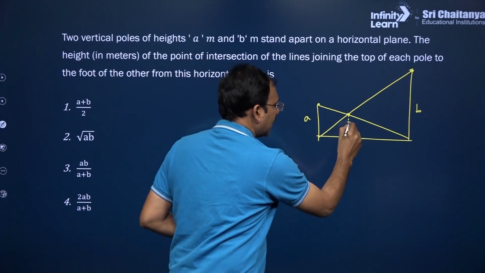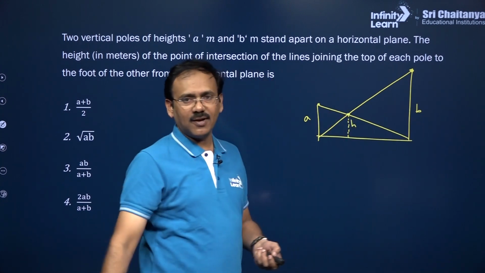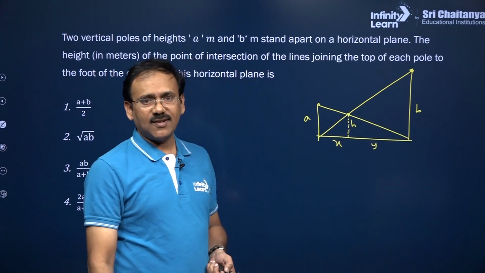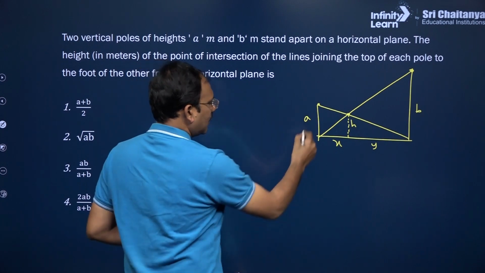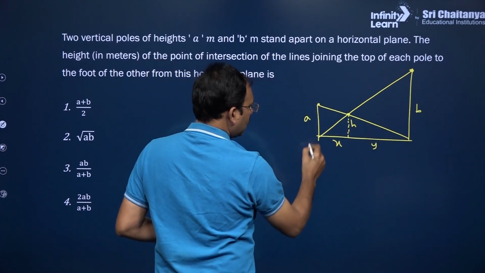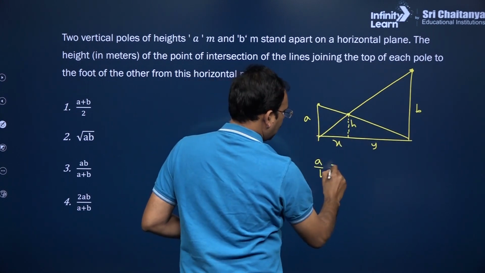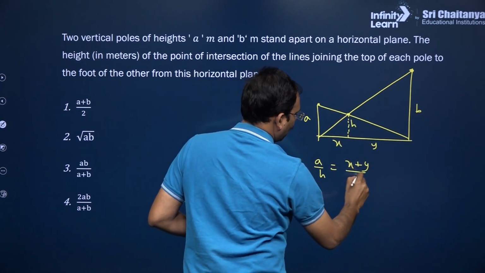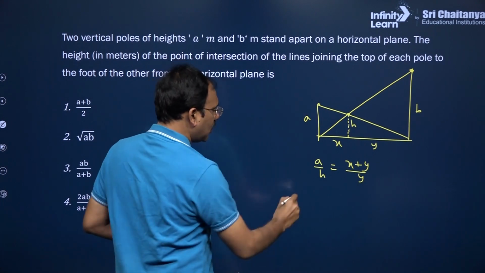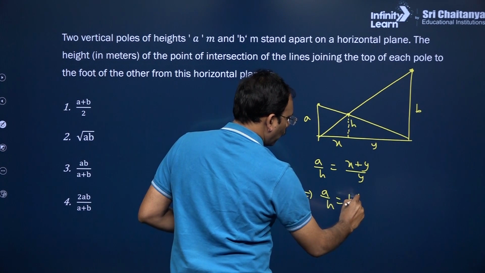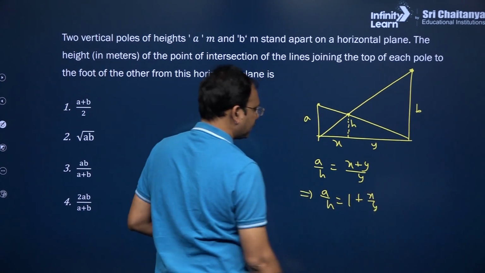Suppose, my dear friends, let it be height h, let me write. Suppose this is x and y. Why can't I use similar triangles logic here? You see, in this triangle, when you take a by h, you have to take the total x plus y by y, which gives a by h is equal to 1 plus x by y.